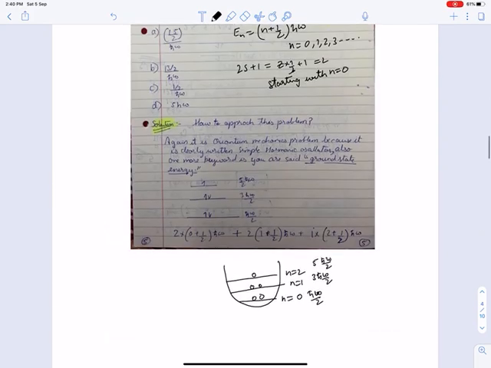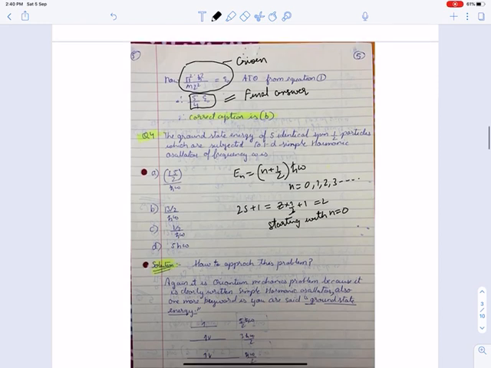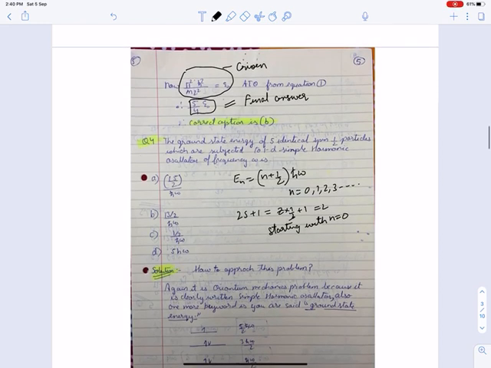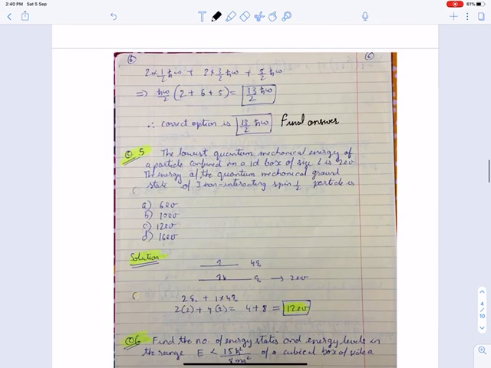You can pause the video and see what this sum means, question number 4, and you can do it by yourself also. So next, question number 5: the lowest quantum mechanical energy of a particle confined in a 1D box of size L is 2 electron volt.